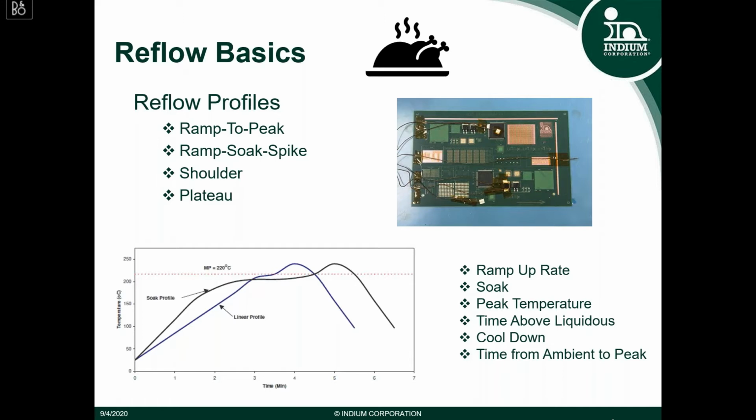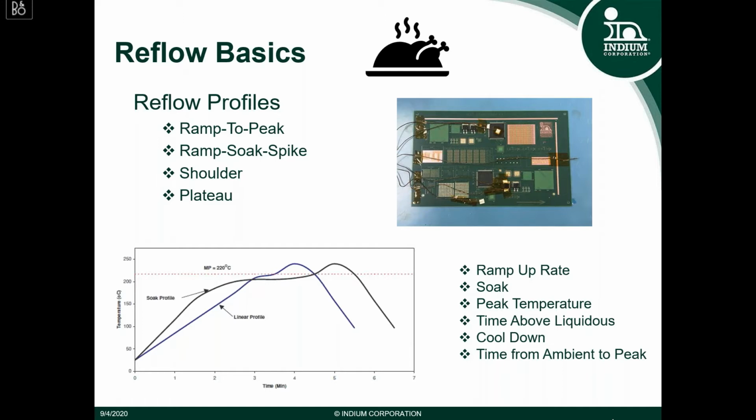There's a ramp soak spike profile, which is the black line in the bottom chart, where the profile starts off linear, but then it flattens out at a given temperature for a given amount of time, and then it spikes up to the peak temperature.